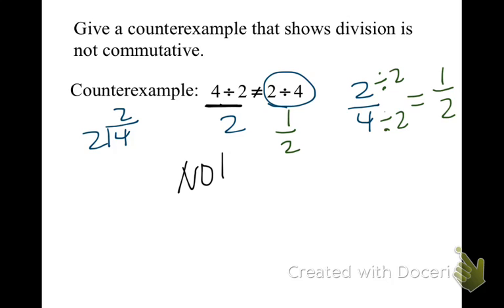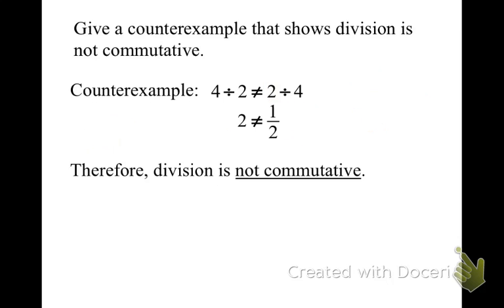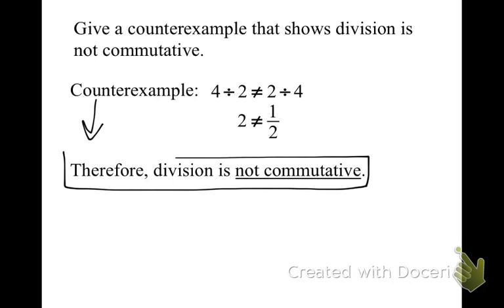No, it does not. So this is false. I've just given a counterexample, an example that proves something false. So in your notes, I want you to go ahead and put, underneath your counterexample, therefore division is not commutative. You have to know which ones are commutative and which ones are not.